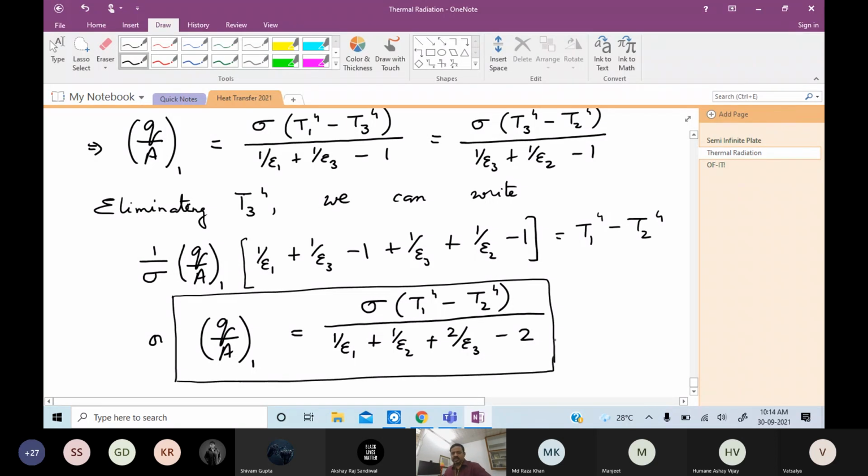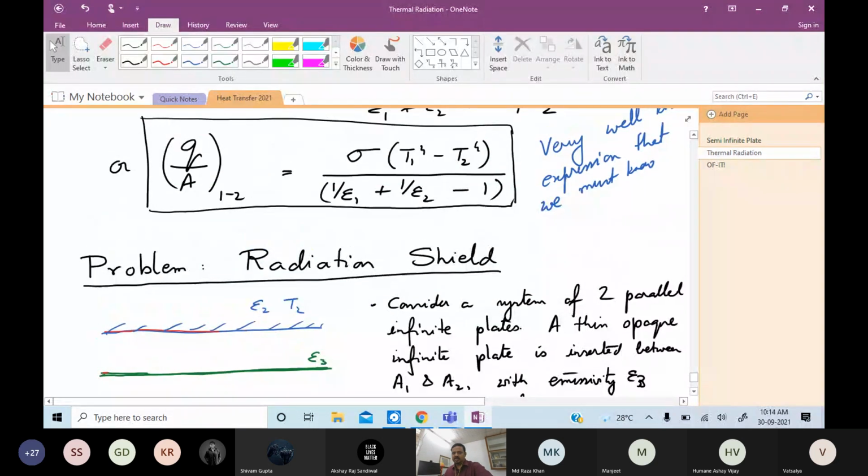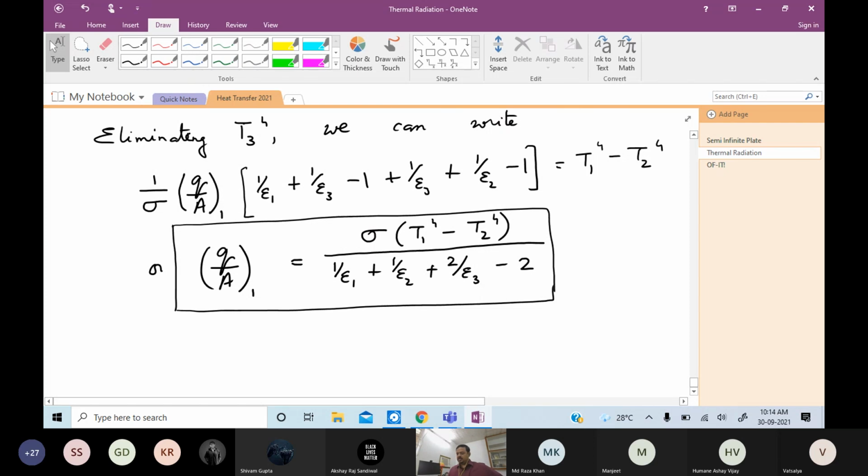Now, initially, what was my heat loss? This one: 1 over epsilon 1 plus 1 over epsilon 2 minus 1. Now, what is my heat loss? I have added a 2 over epsilon 3 minus 1 to the denominator. Now, 1 over epsilon 3 is definitely greater than 1 because epsilon 3 is less than 1.